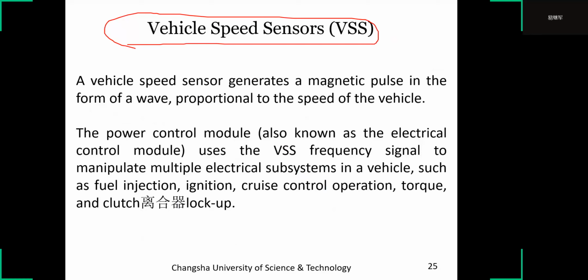The power control module uses the VSS frequency signal to manipulate multiple electrical subsystems in a vehicle, such as fuel injection, ignition, cruise control, transmission operation, torque, and clutch lockup. It's just like what we use in the microcontroller, the time clock frequency signal.